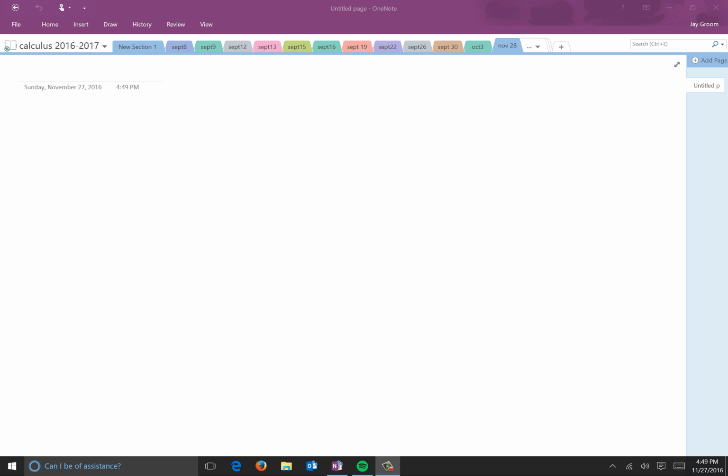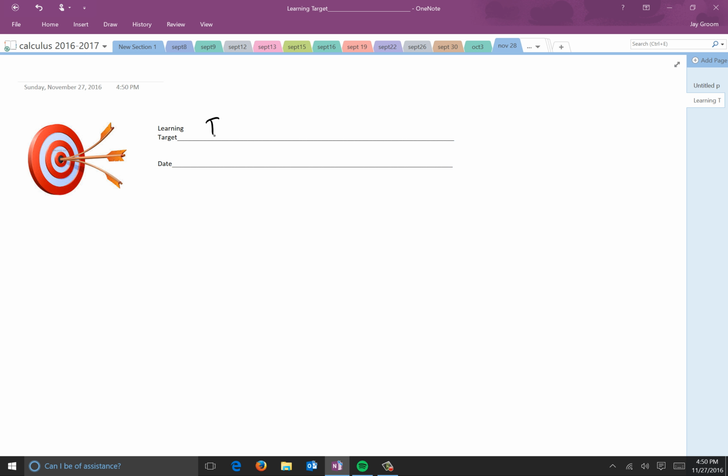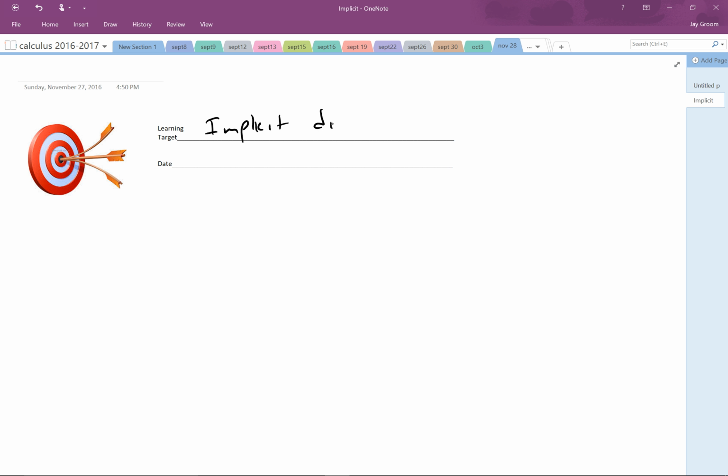Alright, so for today's lesson we're going to be discussing implicit differentiation. Now the idea here is that y is some function of x. But here's the problem. It's unknown what that is.